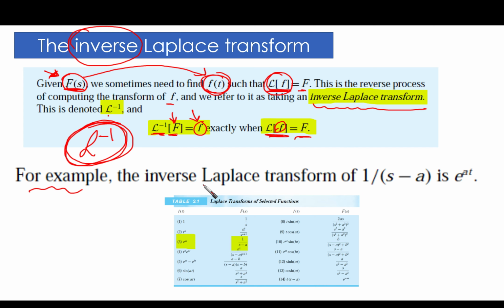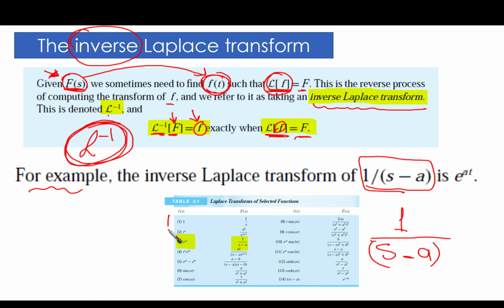The inverse Laplace transform of 1 over s minus a, so we have 1 in the numerator and s minus a in the denominator.